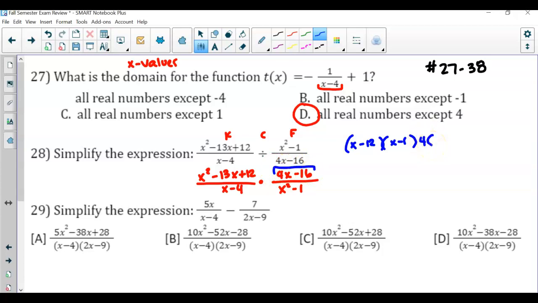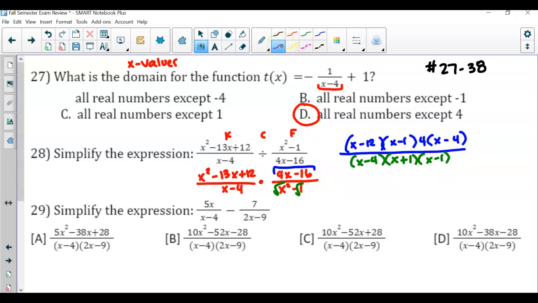Now, notice here between that binomial, we do have a GCF of 4. So when you take that out, 4 divided by 4 is 1. So 1x minus 4 from that negative 16 divided by 4, your GCF, over the denominator. Well, that's just x minus 4, so I'm going to bring that down. But then notice how you do have a difference of 2 perfect squares, because that's the square root of x squared, which is x, and the square root of 1, which is 1. So x plus 1 times x minus 1.